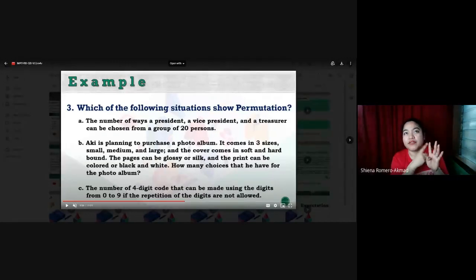And if that is the case, it will not be a permutation, because the groups you choose from are different. Unlike in permutation, like in letter C, you're given a certain group where you only choose from, that's 0 to 9 only. Meaning that's permutation.